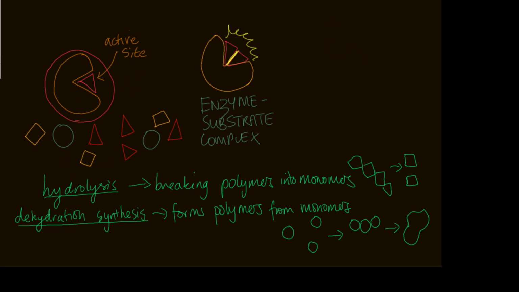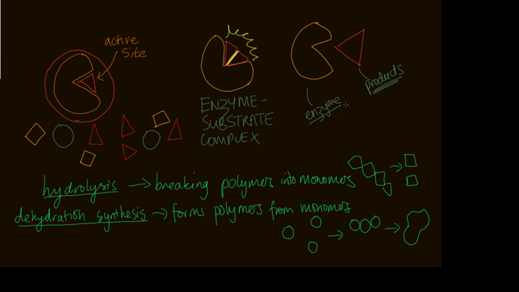Now what's going to happen is that the products are going to leave the active site, and the product in this case is going to be our two monomers bound together. So now we have the enzyme and we have the products. So this is going to be our polymer, or a dimer in this case, two molecules stuck together.